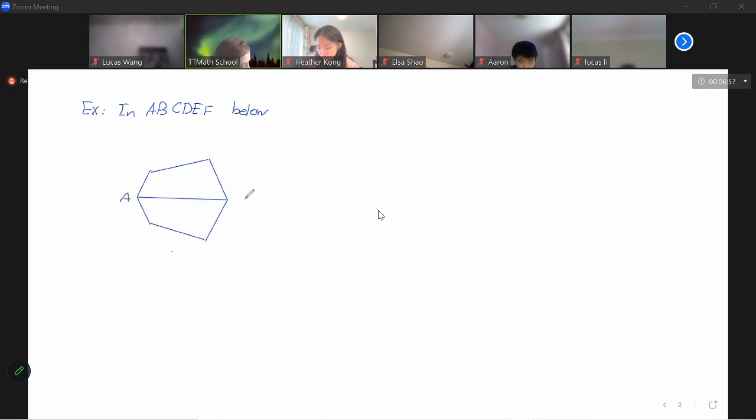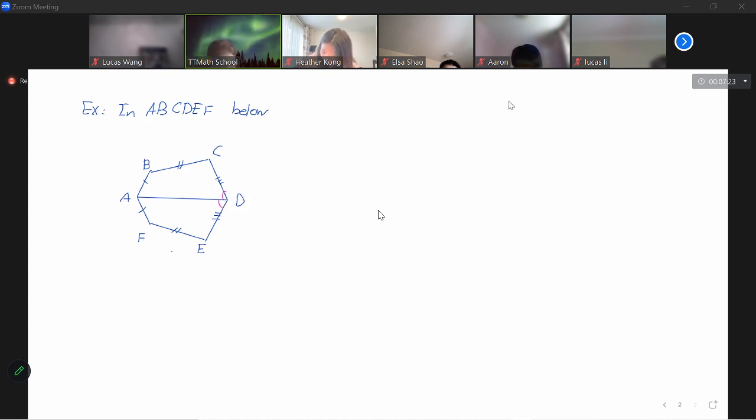It's very symmetric. So A, D, B, this is the same as this one. This is the same as this one. And this is the same as this one. This angle is the same as this angle.